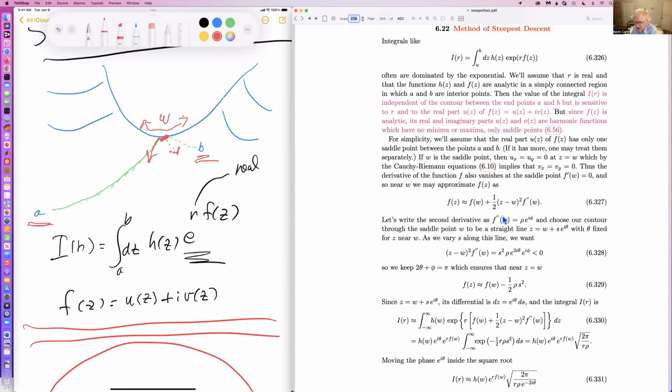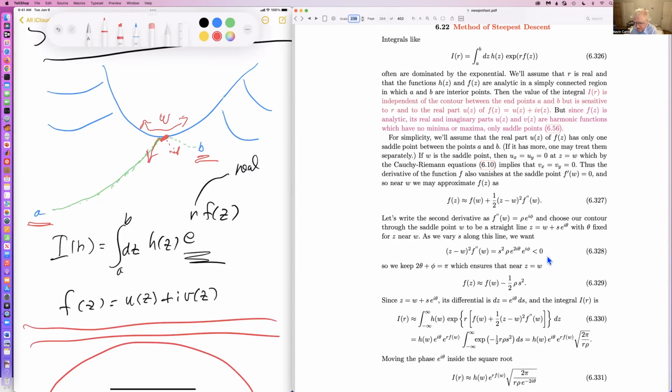And then the tricky thing is we want the line to go through the minimum perpendicular to this curve here, but instead parallel in this way. So in other words, as we vary s along the line, we want z minus w squared f double prime to be negative.